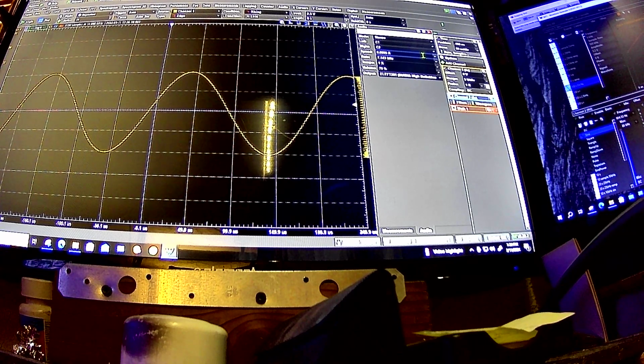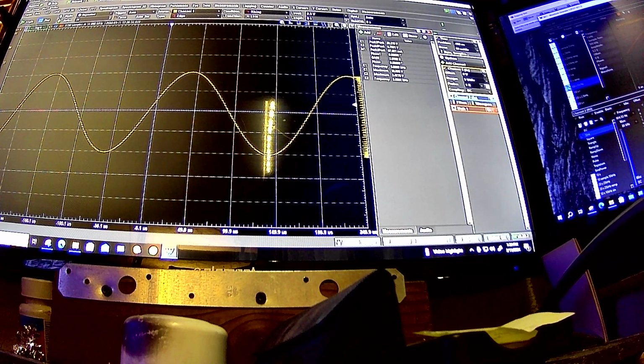Huh. Kind of hear something, sort of. I have no idea what this thing's doing. Anyway, but yeah, so that's what 100 samples would look like.